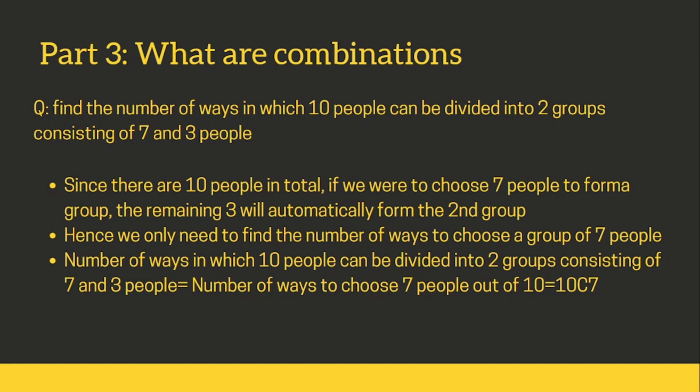This just wants to choose who goes into the 7, who goes into the 3. So we only need to find a number of ways to choose a group of 7 people. So the number of ways in which 10 people can be divided is basically 10 choose 7. Or in other words, 10 factorial over 7 factorial times 3 factorial.